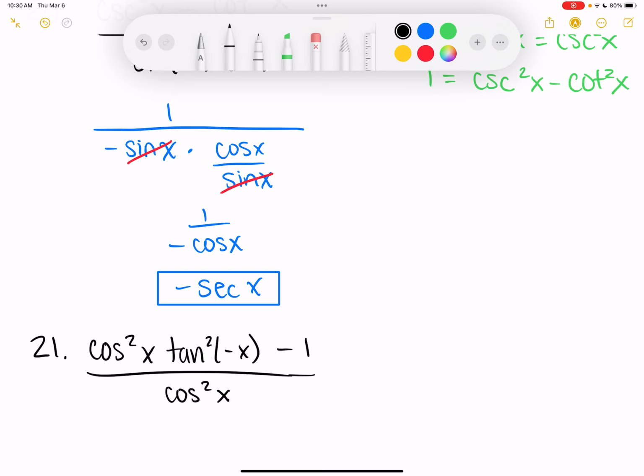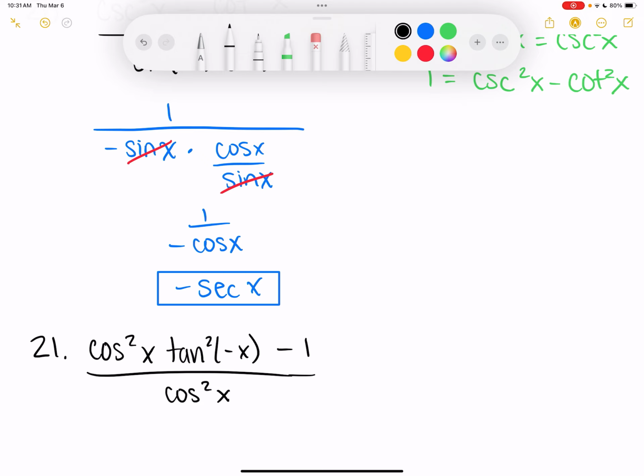The only thing here that I noticed right away is that right now these things are being multiplied. Ultimately I am going to be thinking Pythagorean because I see the squares, but I can't do that quite yet because they're being multiplied. Can we cancel the cosine squared? No. Absolutely not. Because this is being subtracted over here, so I can't cancel.